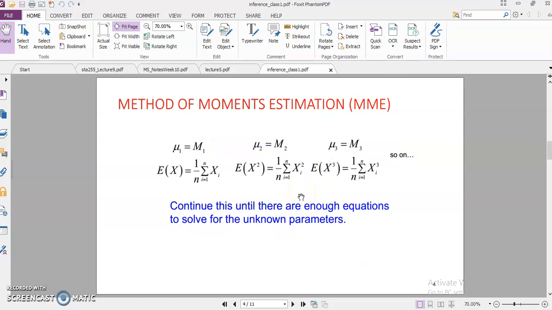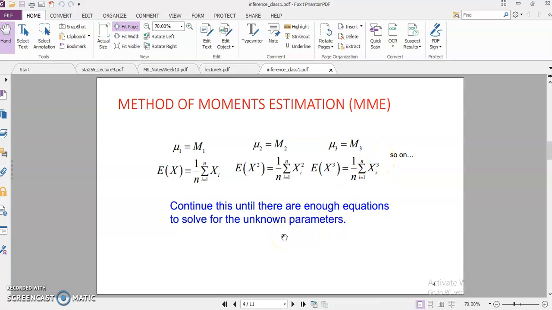Now check how the method of moments estimation happens. I need to equate mu1 to m1, mu2 to m2, mu3 to m3, and so on. What is m1? It is 1 by n sum over i from 1 to n of xi, and m2 is 1 by n sum over i from 1 to n of xi squared, and mu3, the expectation of x cubed, is equal to 1 by n sum over i from 1 to n of xi to the power 3.